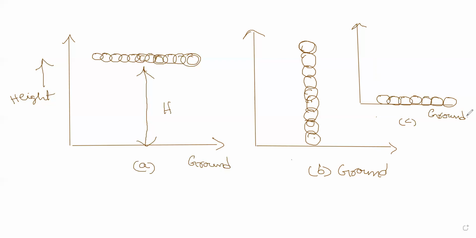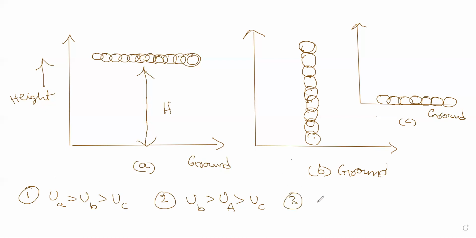And now the question is that, they have given the options. Option 1, UA is greater than UB is greater than UC. Option 2, UB is greater than UA is greater than UC.